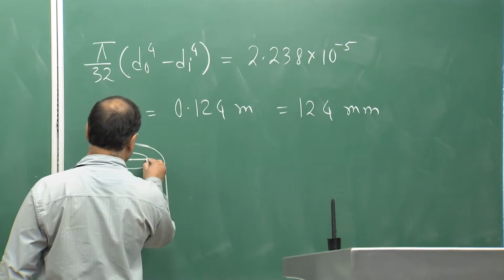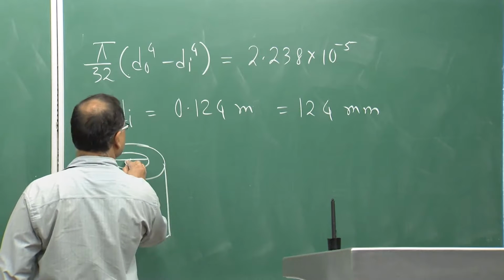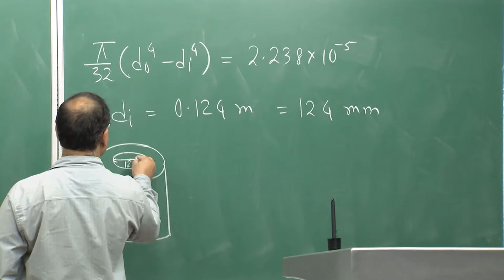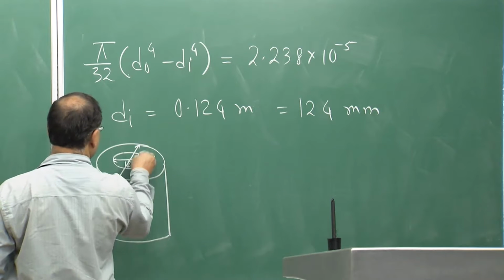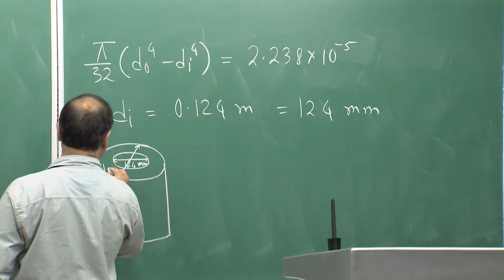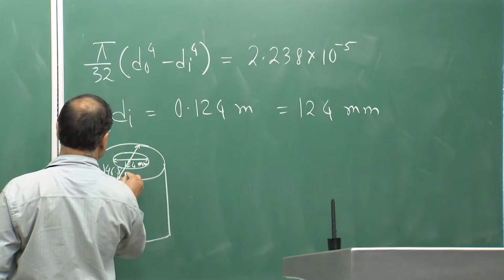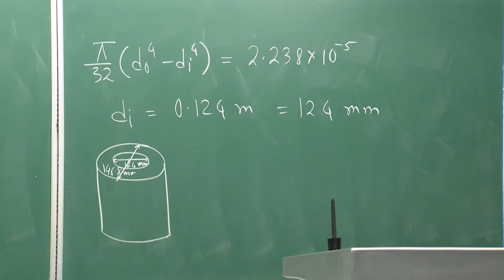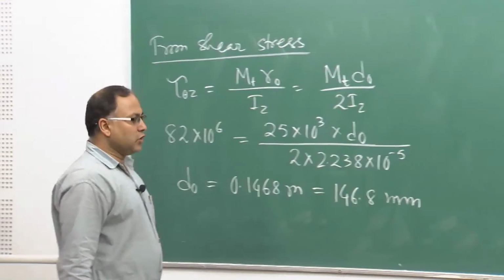This is your inner diameter 124 millimeter, and this is your outer diameter 146.8 millimeter. So this can be used, which will satisfy all the limiting conditions, like your limiting condition of the shear stress and limiting condition of your twist. All those things will be taken care of if you choose a hollow circular shaft like this. So I will stop here today.